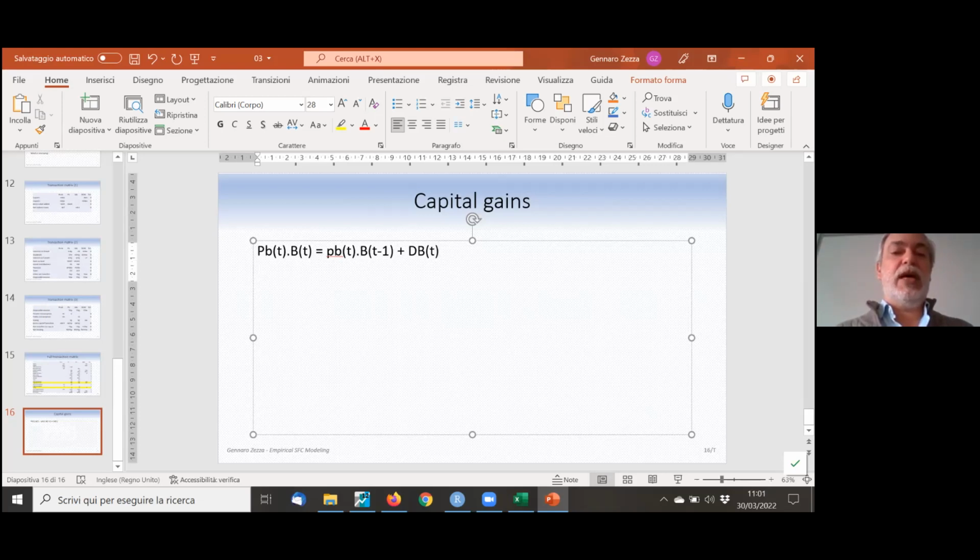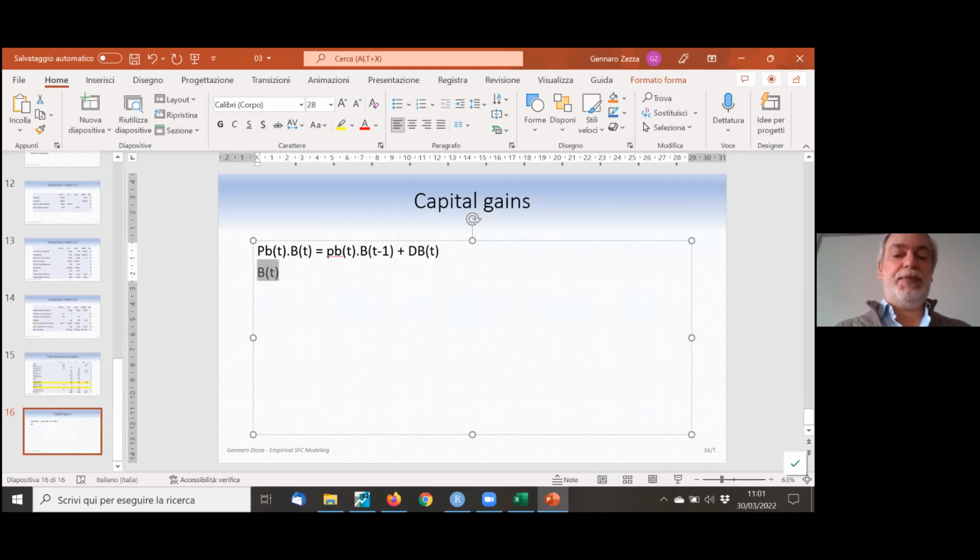But what I've done is to compute a measure of B, let's call it B or whatever.